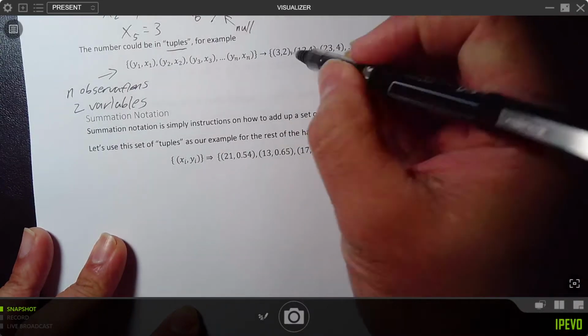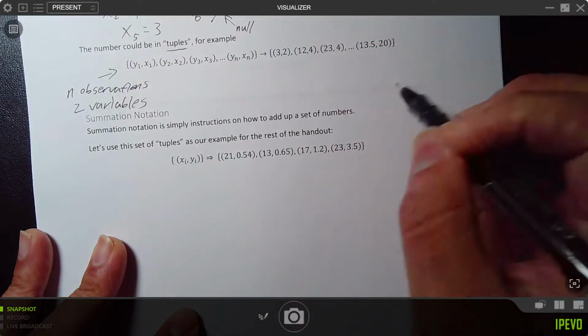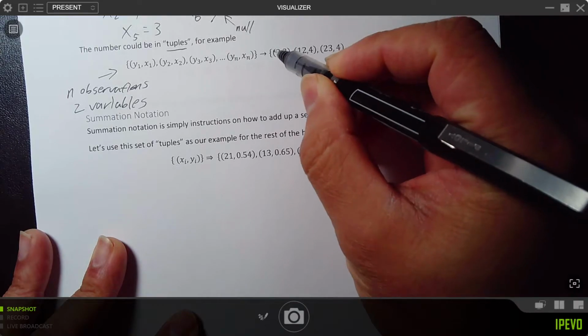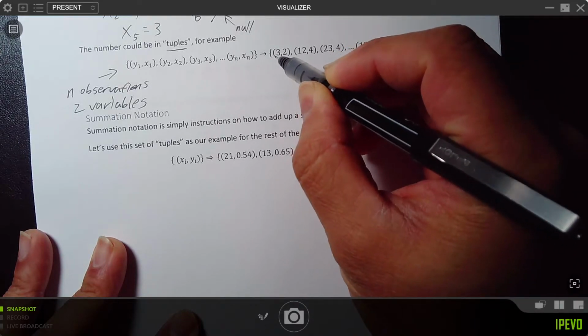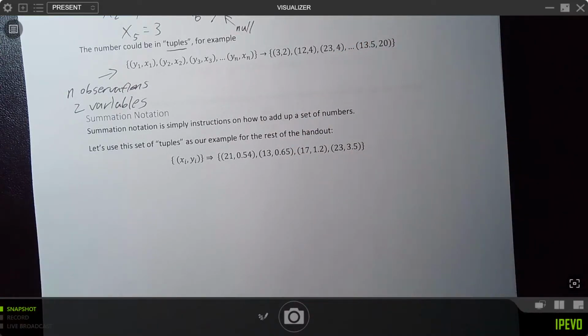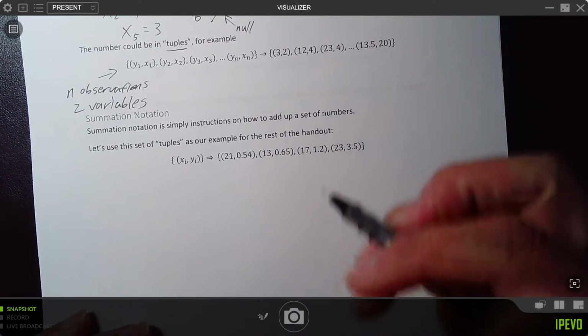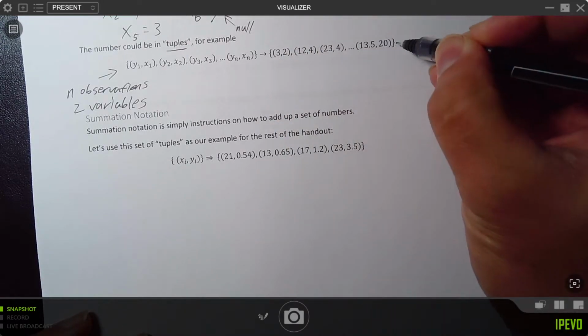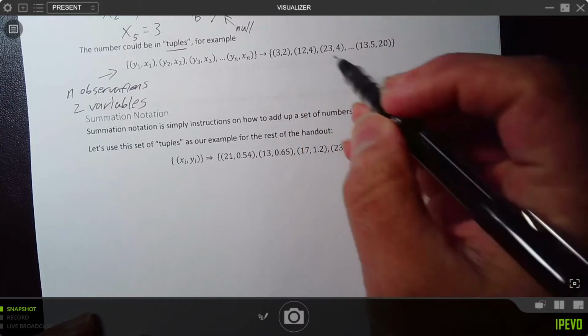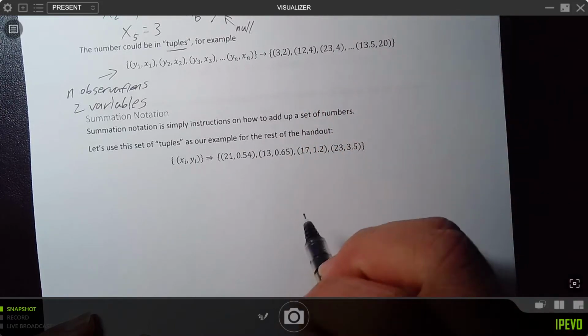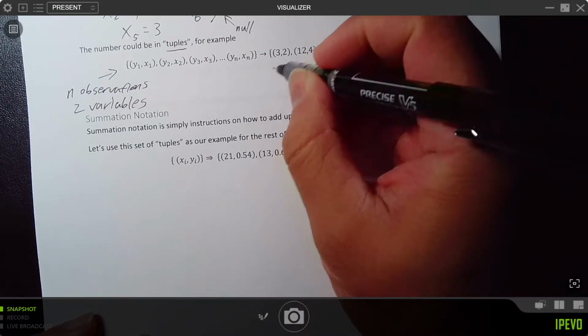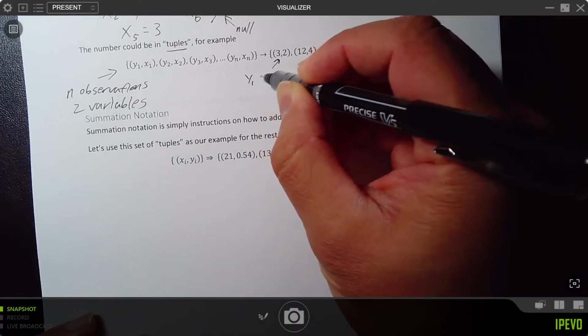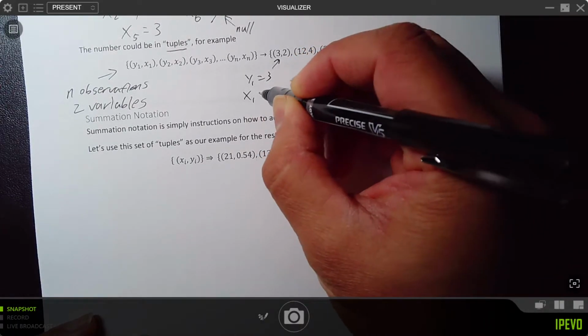You just want to be able to read from this. This is why curly brackets and parentheses are going to be really useful for us to distinguish. Curly brackets tell us the whole set. The parentheses give us each tuple, each observation. So obviously here, y1 equals 3, x1 equals 2.